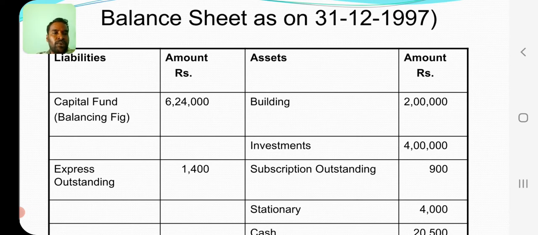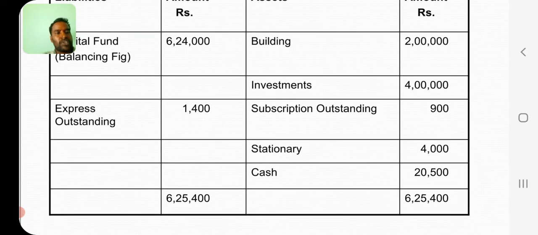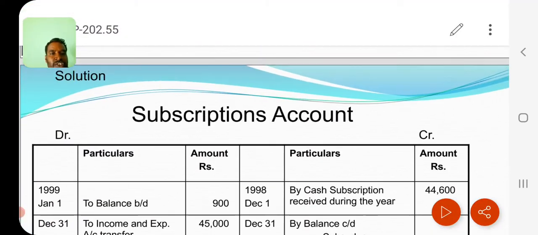So building value, opening balance 2 lakhs, investments 4 lakhs, subscription outstanding 900, stationery 4,000, cash 20,500. Left side, expenses outstanding 1,400. Remaining 6,24,000 is the capital fund, which is posted in the closing balance sheet.